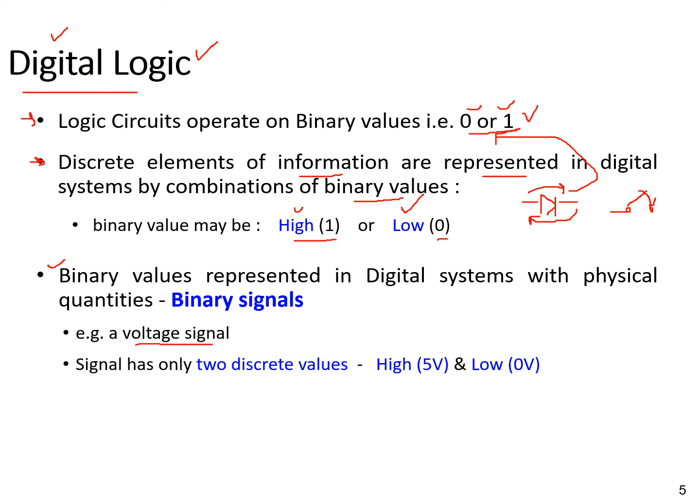Here, high may be plus 5 volts and low may be 0 volts. So these physical voltage values may be represented by the binary values, which are called digital values, zeros and ones. It is why we call it digital logic.